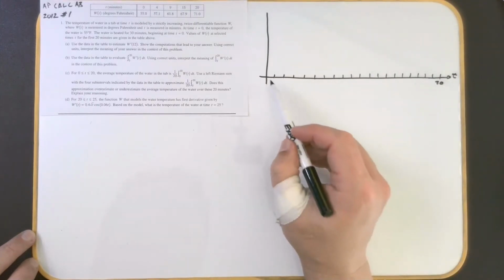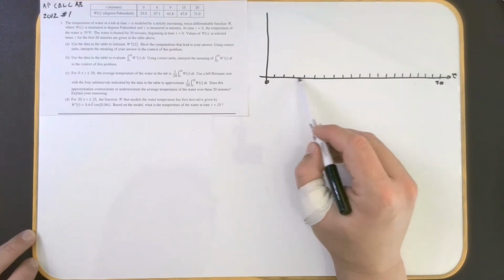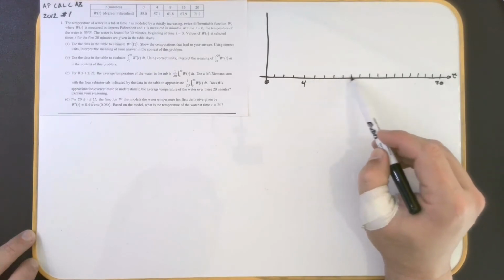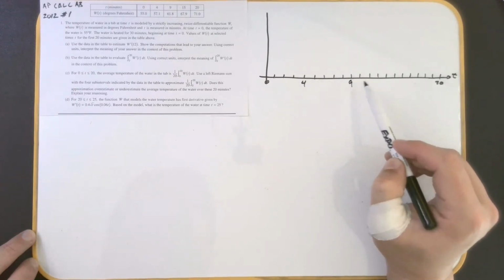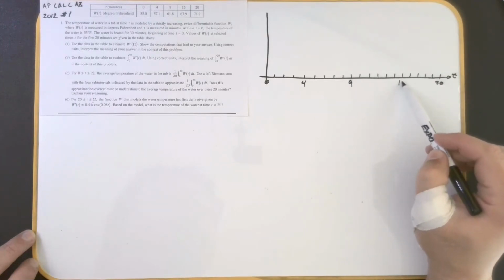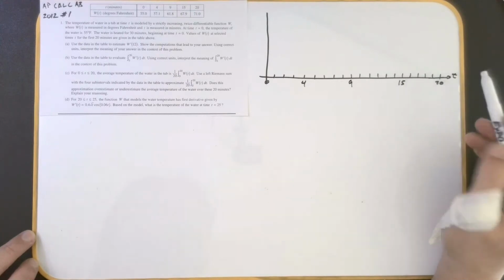And I think that's 20 there. So we have selected values at 0, at 4, at 9, and then at 15. So there's 10, 11, 12, 13, 14, 15. And then at the end at 20, 16, 17, 18, 19, 20. Yeah, so we're good there.